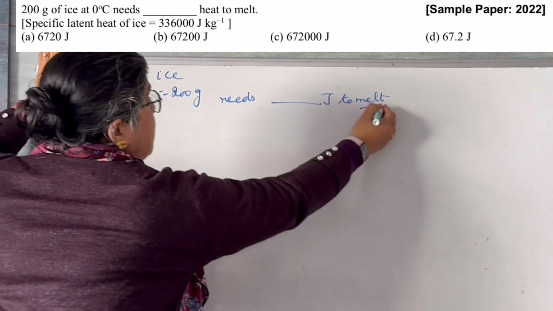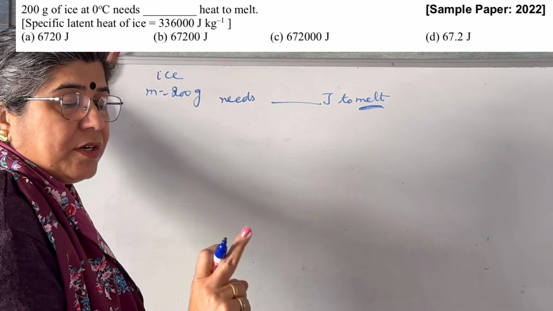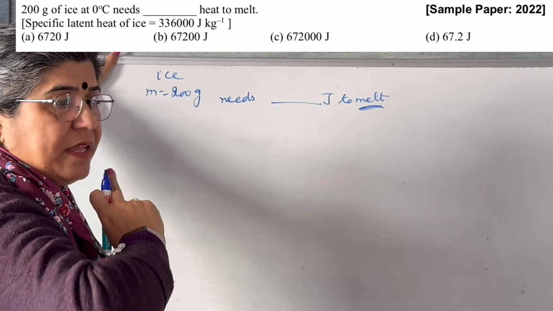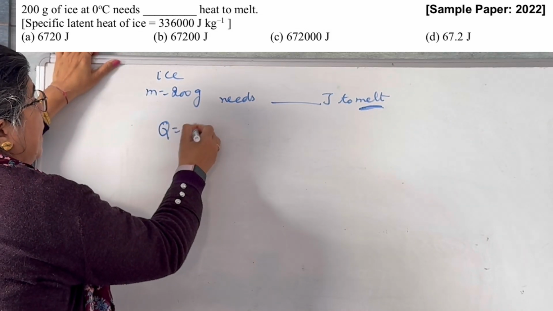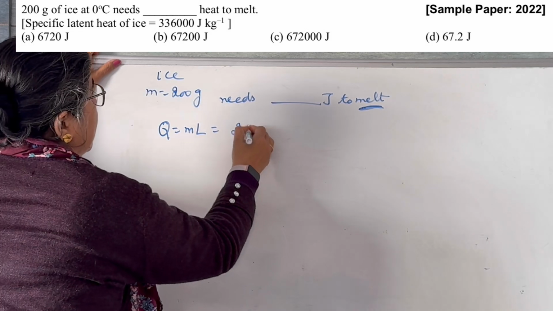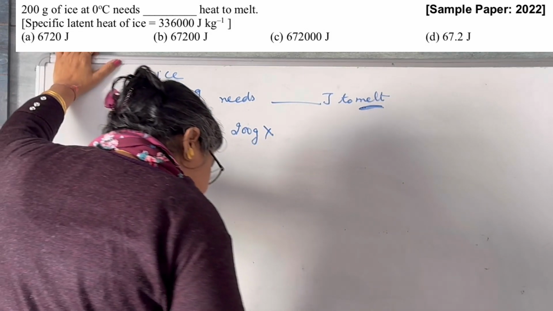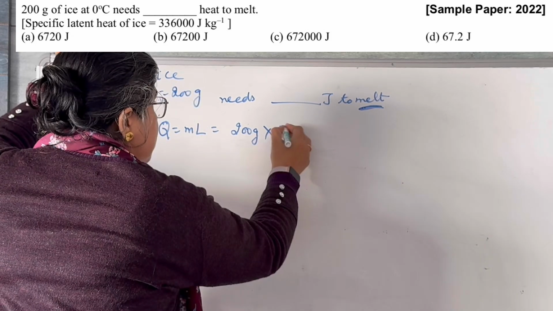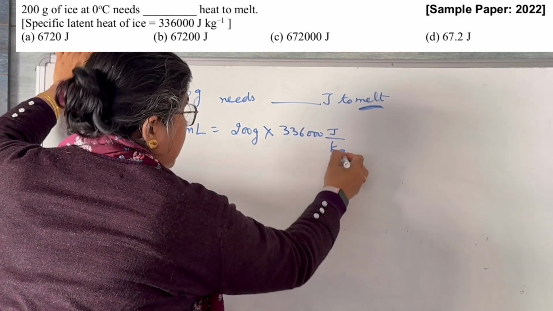Simply, only melting. Melting is at the same temperature. When state change is there, there is no temperature change. So heat required will be ml. 200 grams, please do write units side by side, into, see, this was the question, 336000 joule per kg.